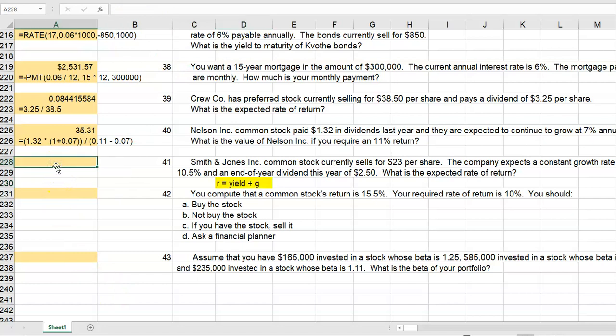So my expected rate of return is equal to, my dividend yield is equal to, I expect the end of the year to be 2.50. My yield is the stock, 23, plus the growth rate. Again, use parentheses. The growth rate, big growth rate, 0.105. 2136.